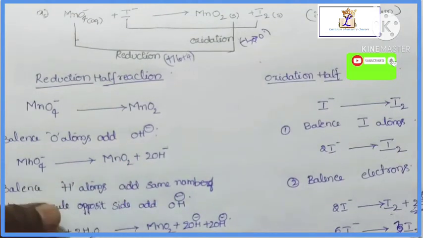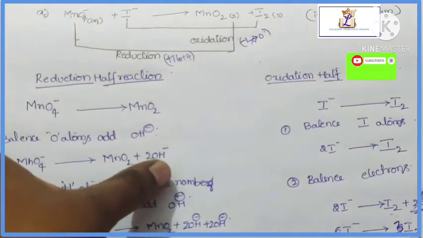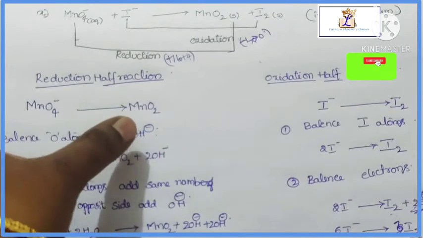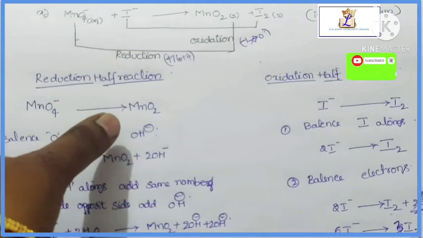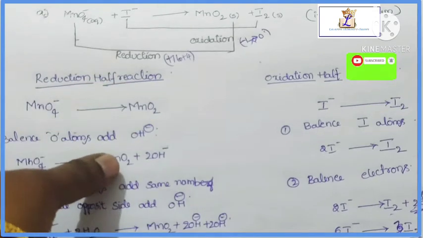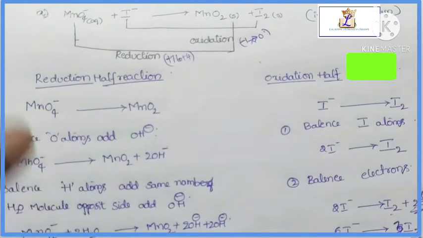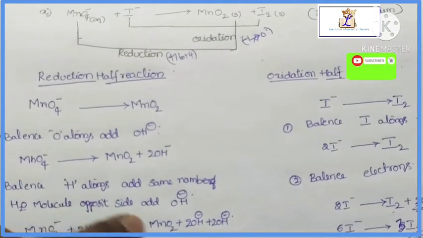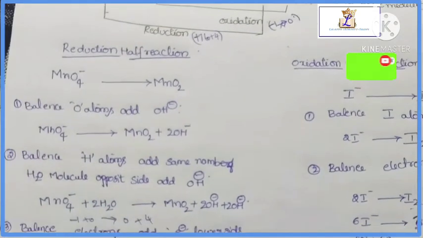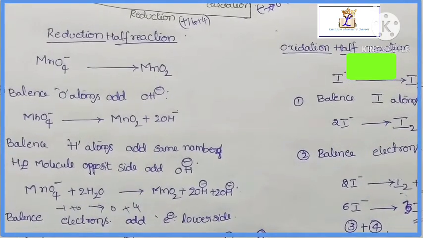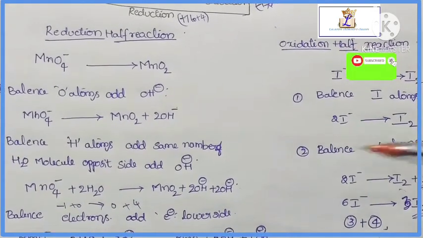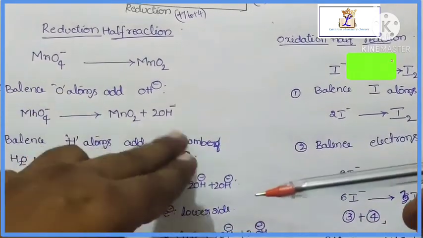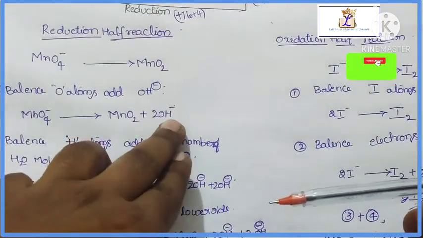And the next step, we balance hydrogens. The first step is balancing all atoms except hydrogen and oxygen, the next step is balancing oxygen atoms, and then the next step is balancing hydrogen atoms. To balance hydrogen atoms, add the same number of H2O molecules on the opposite side, because 2 OH minus ions are there.